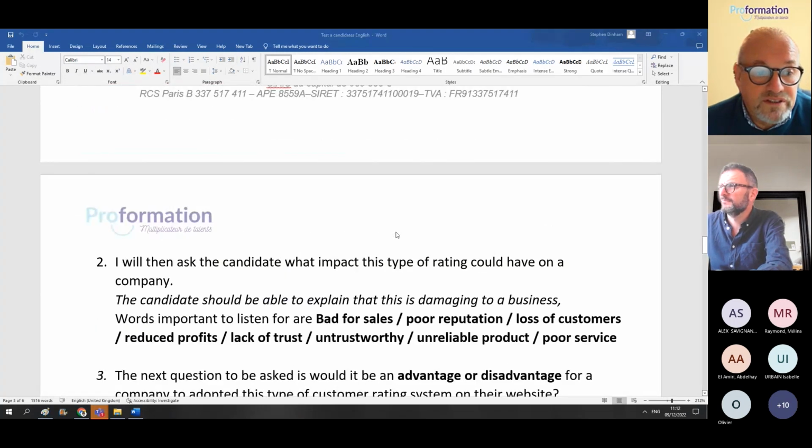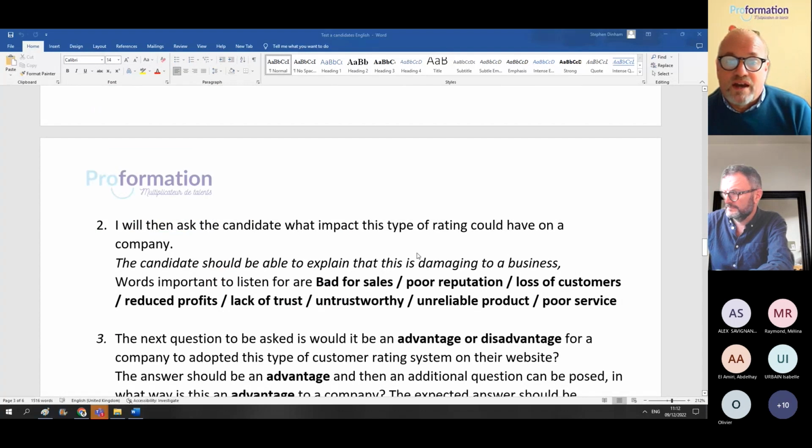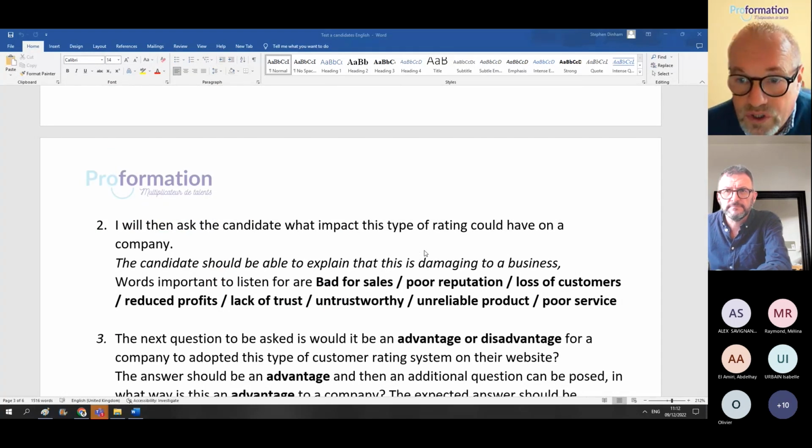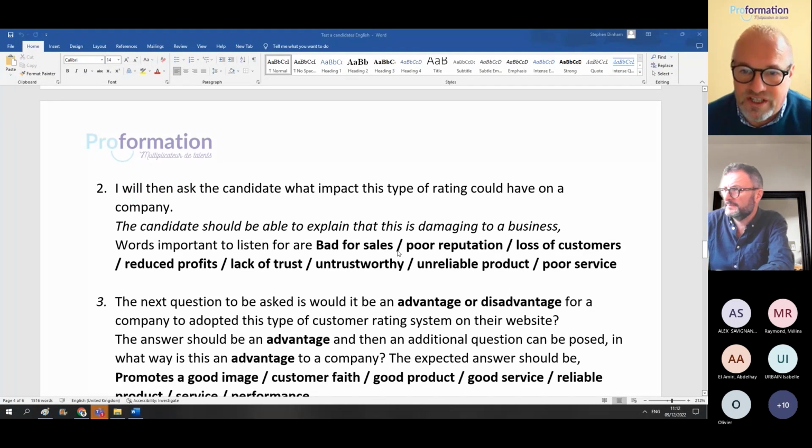So if we go back to the question, I will then ask the candidate what impact this type of rating would or could have on a company. The candidate should be able to explain that this is damaging to a business.